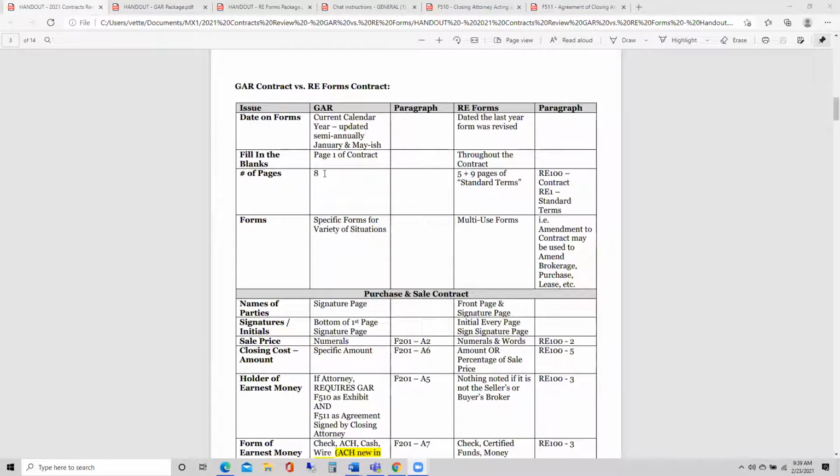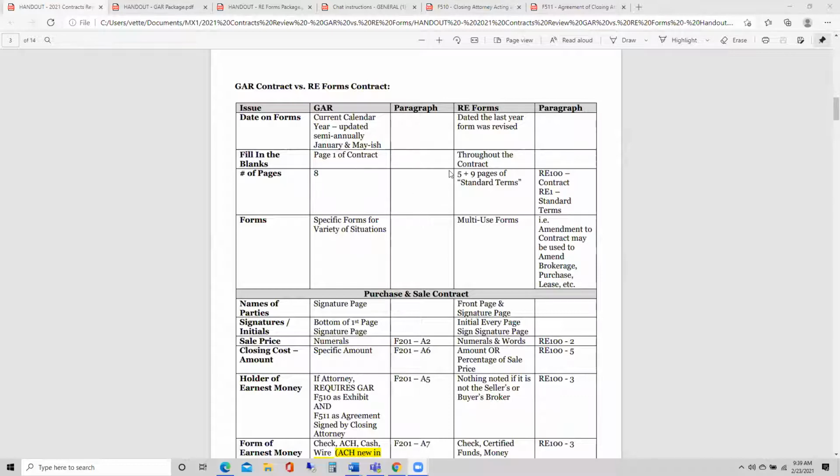This first handout has a table. And on this table, I've got whatever the issue or the topic is, how GAR addresses that topic, where in the GAR contracts, the actual form number and the paragraph, how the RE Forms addresses this topic, and where in the RE Forms you can find it.